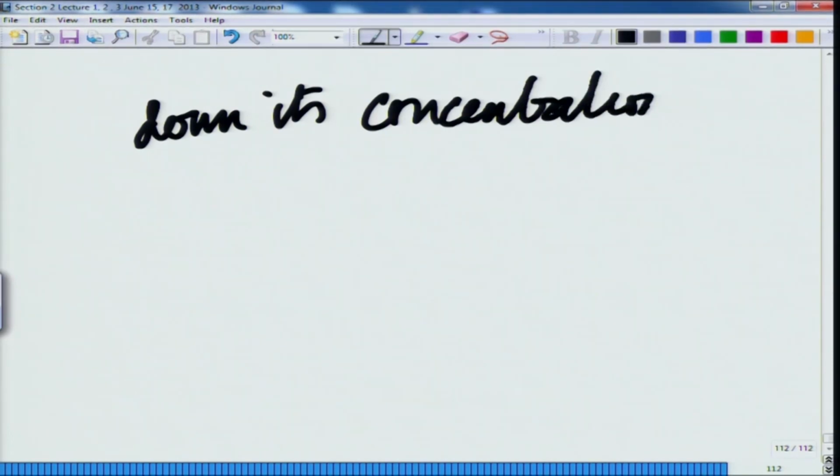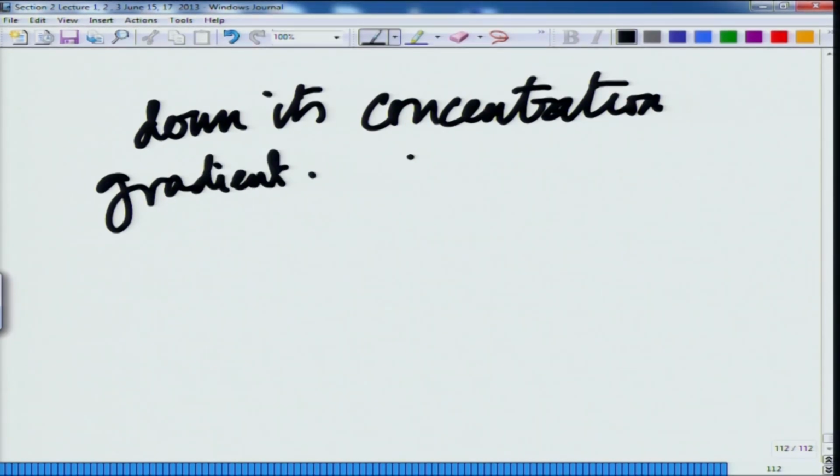This is exceptionally important. Concentration gradient of water.